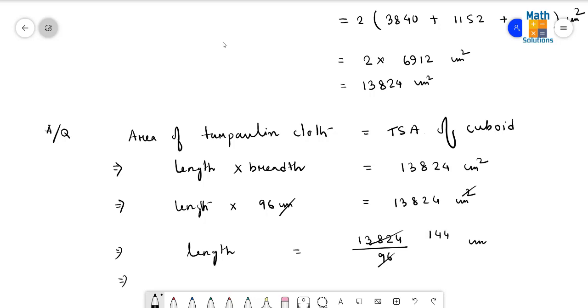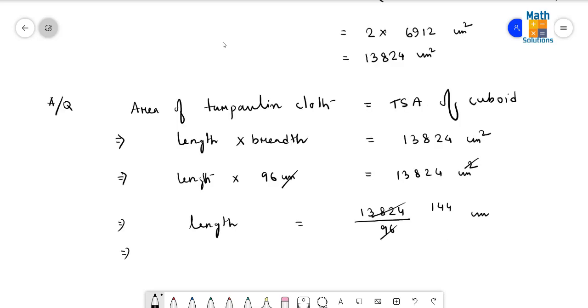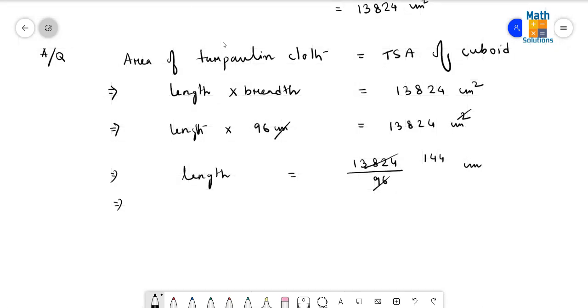So here we get the length of the tarpaulin cloth as 144. Length of tarpaulin is equal to 144 centimeters.